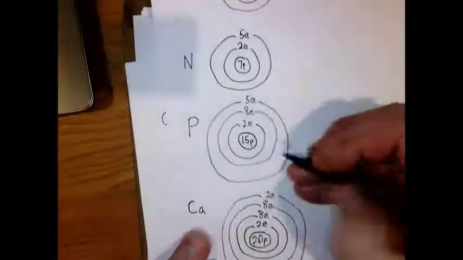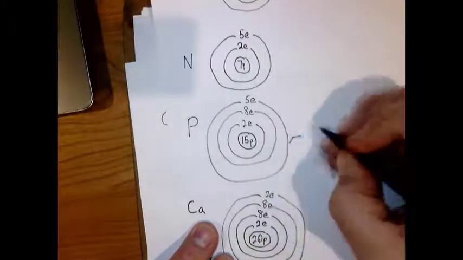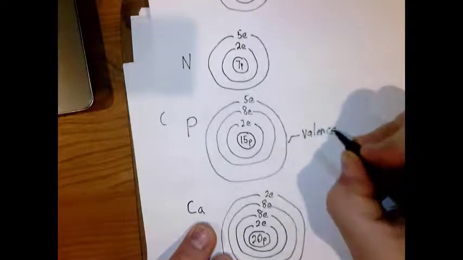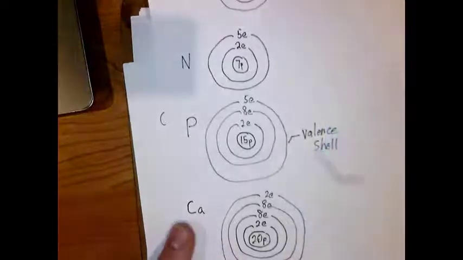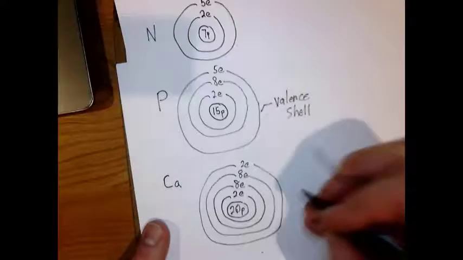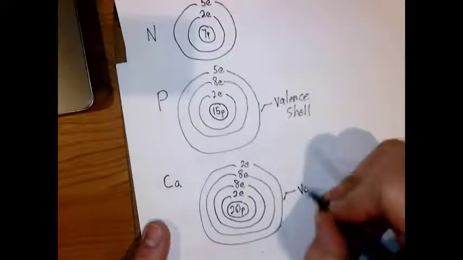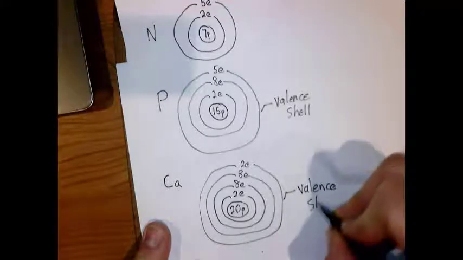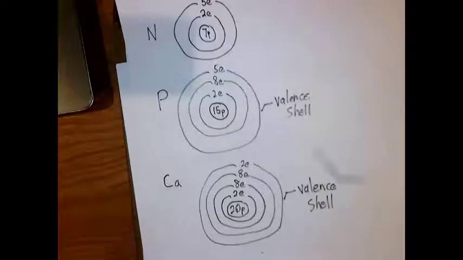If you go to phosphorus, in this case, the third energy level is the valence shell. We go to calcium. In this case, the fourth shell is the valence shell, and then the 2 electrons are the valence electrons. And hopefully that sheds some light on how to determine the structure of electrons, which will be useful when we're learning how to draw bonds.